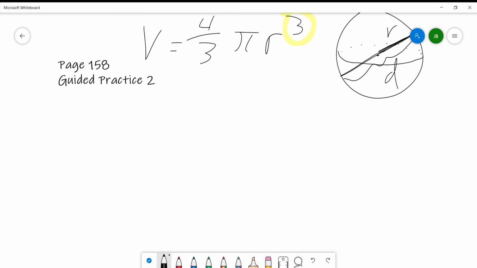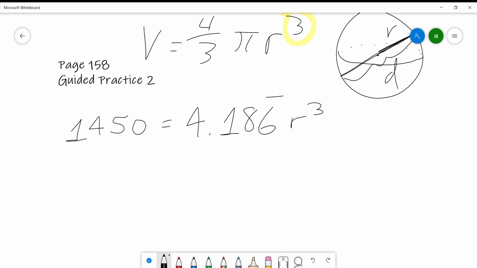So then they give us V. V is 1,450, which equals 4/3 pi times 3.14, which is 4.186 repeating, times our R cubed.